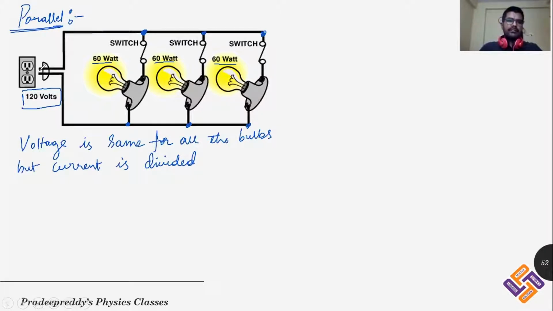You are connecting these two ends to a 120 volt battery. As a result, there will be some current I passing through. The same current comes here, and I1 current flows into this, I2 current flows into this, I3 current flows into this. I1, I2, I3 are the three currents passing over here. Therefore, I can write I is equal to I1 plus I2 plus I3.